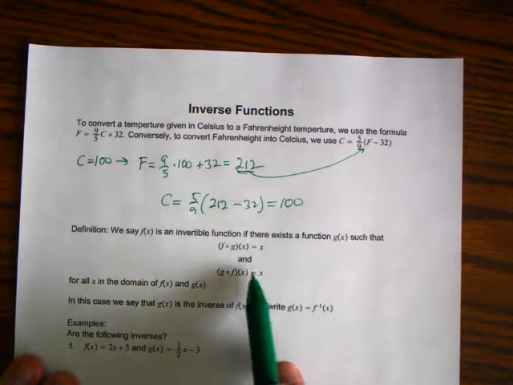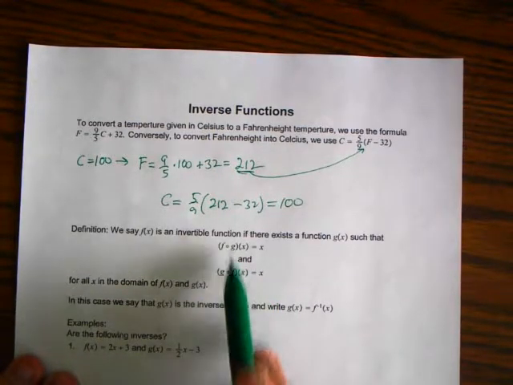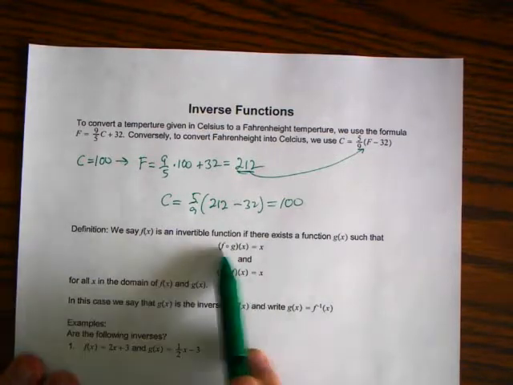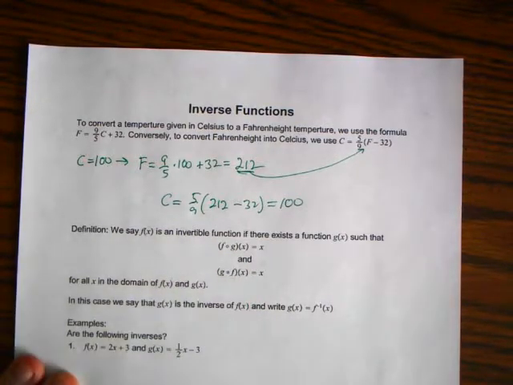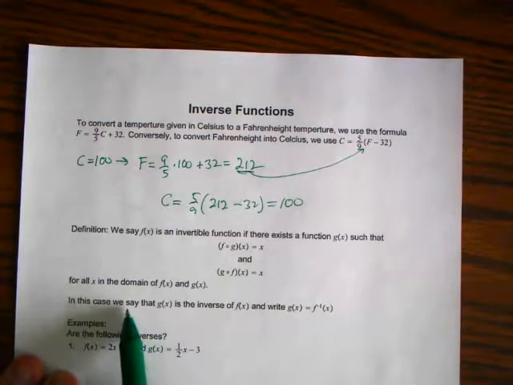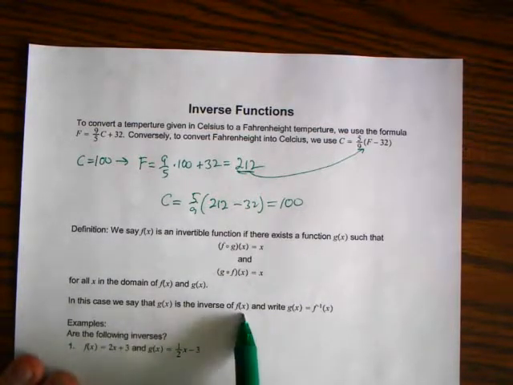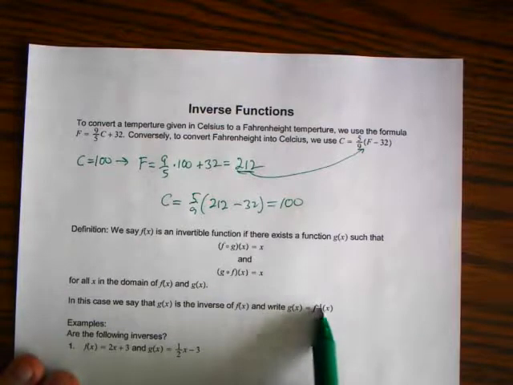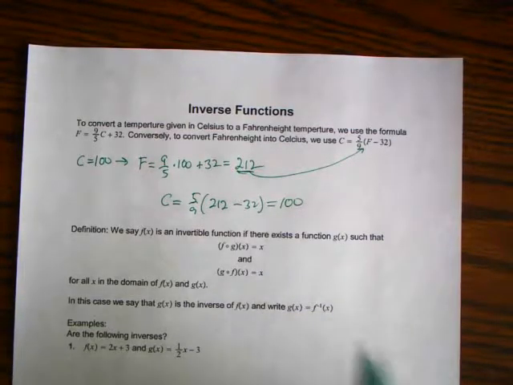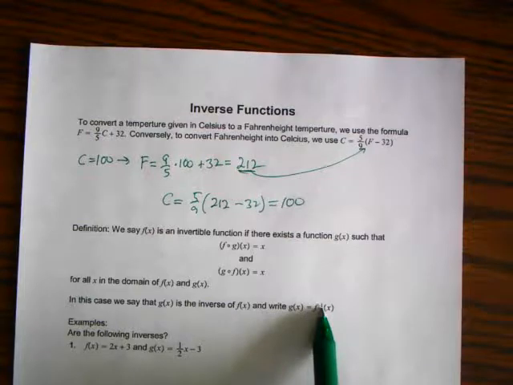And this is important that we can do it both ways, because we saw previously that quite often when we do f of g and g of f, we get different answers. If this happens, we say g of x is the inverse of f of x, and we use this symbol. Now be careful of this symbol because it looks a lot like an exponent, but it's not an exponent. When we're dealing with functions, this is the symbol we use for function inverse.